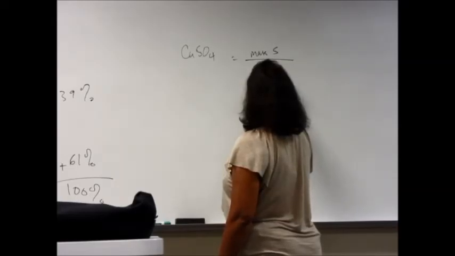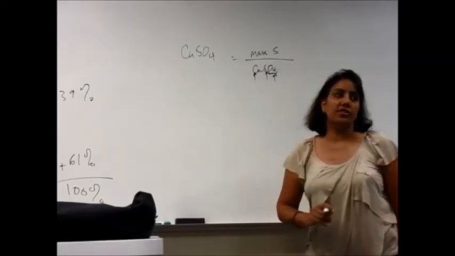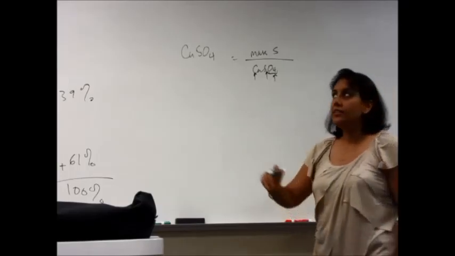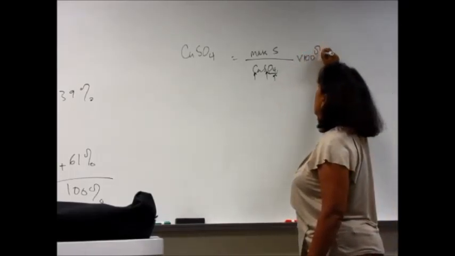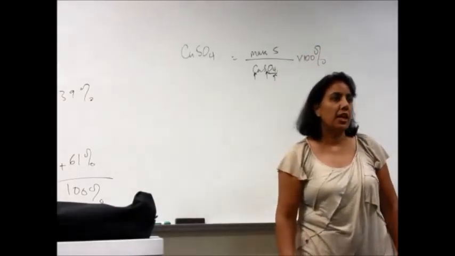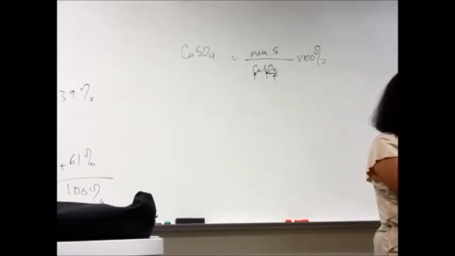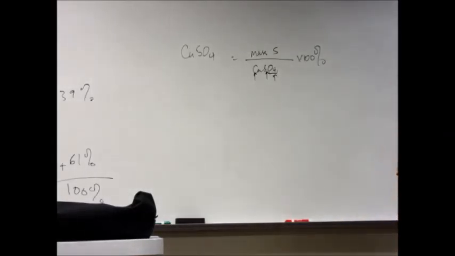So you'll add calcium, sulfur, and 4 oxygen in there, right? All of that times 100%. That will give you the mass percent contributed by sulfur, okay? So you can calculate the mass percent contributed by each substance in this.